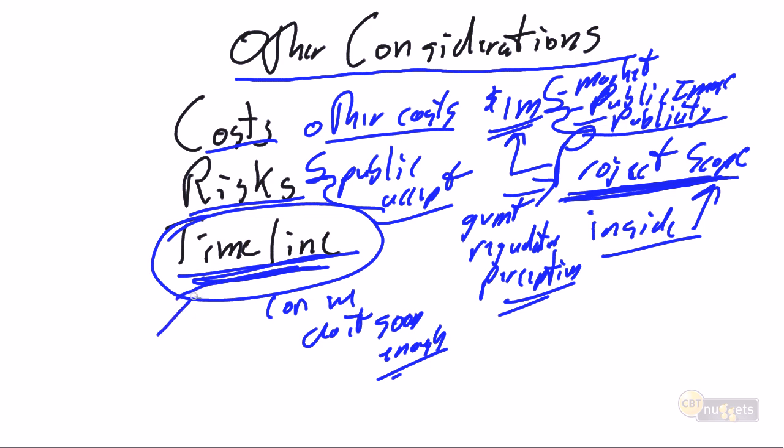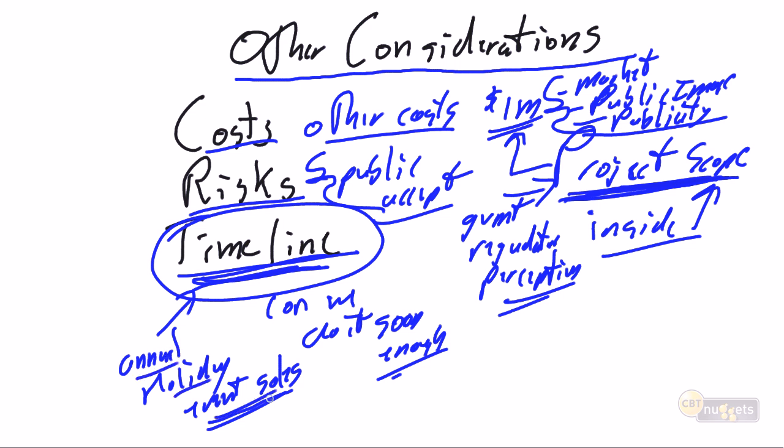I.e., if we can't put this together in time to make the annual holiday event sales, whether we're generating candy and we need to have this product in the stores in time to support the Halloween candy sales, or whether we're supporting Christmas sales, but if we can't have this in place in time to support the annual sales event, we've wasted a year.